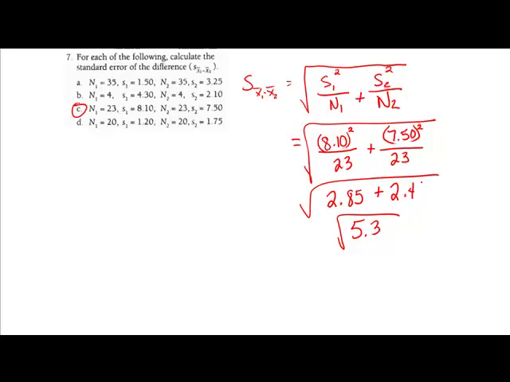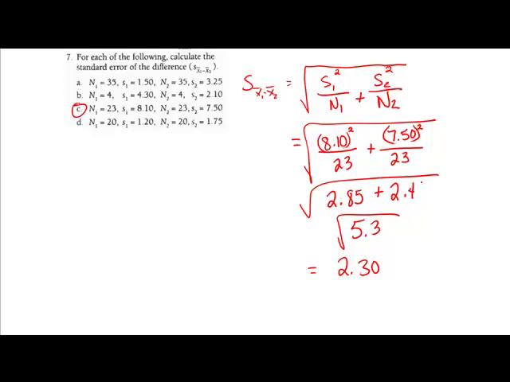Square root of 5.3 is 2.302. We can leave it at that. So the standard error of the difference for C is 2.30.